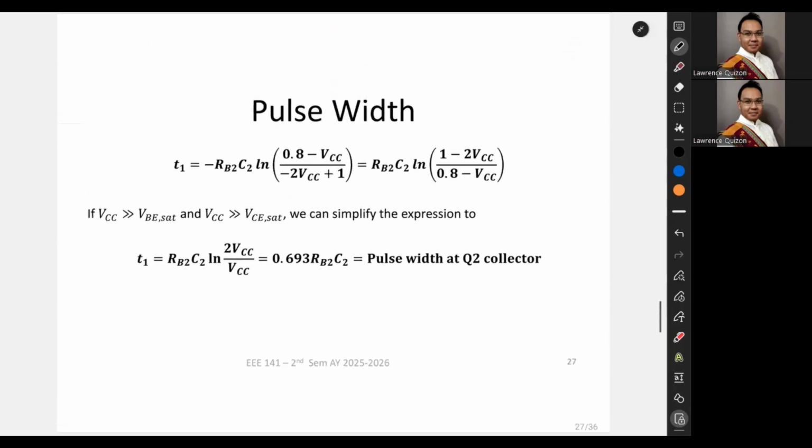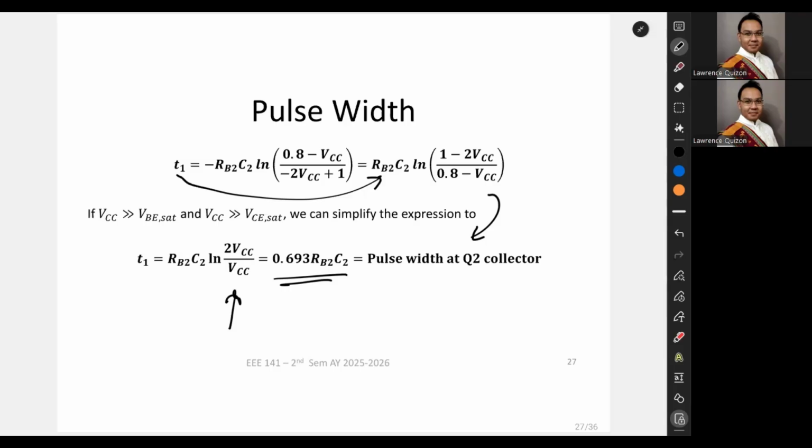So, this ln, we can use that to formalize the idea of the pulse width of an astable multivibrator. Okay? So, we find that Q2 turns back on from the last time that it was on, right? So, it turns on again after this amount of time. And if we increase VCC a lot, such that it's much greater than 1 and 0.8, we can simplify the expression to ln of 2 VCC divided by VCC, which approximately equals just 0.693 times RB2C2. Okay? And this is valid if VCC is very high.